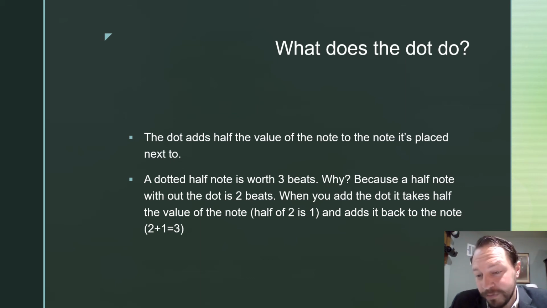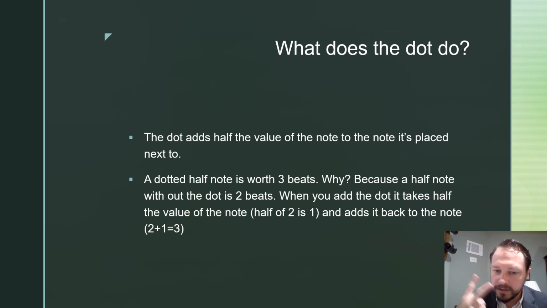I got some more math for you right here. Okay, so a dotted half note. A half note with a dot next to it. How many beats is that worth? Well, the answer is 3. A dotted half note is worth 3 beats. Why? Well, because a half note without the dot is worth 2 beats.